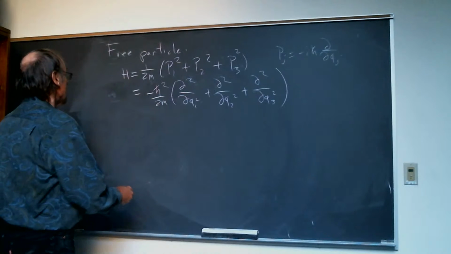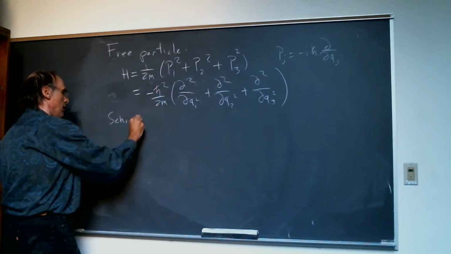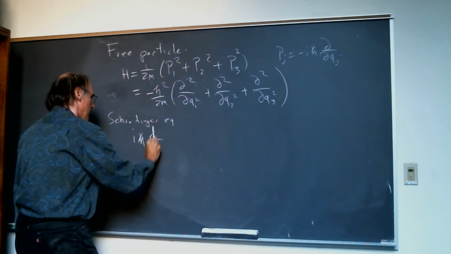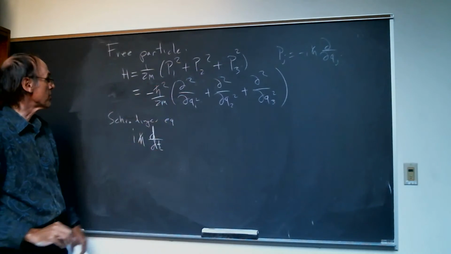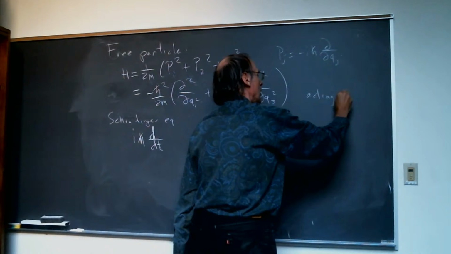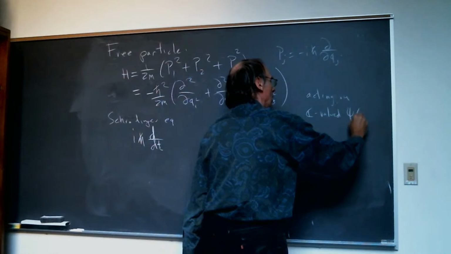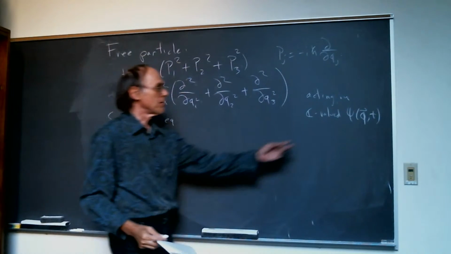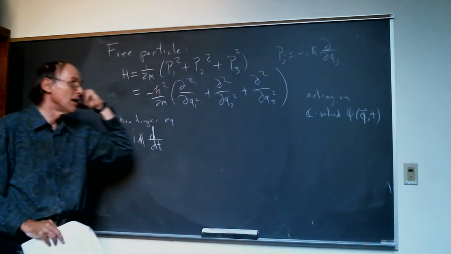And then the Schrodinger equation says i h bar d/dt of psi is, acting on complex valued functions of Q vector and T. So our states depend upon points in R3, and they evolve in time.